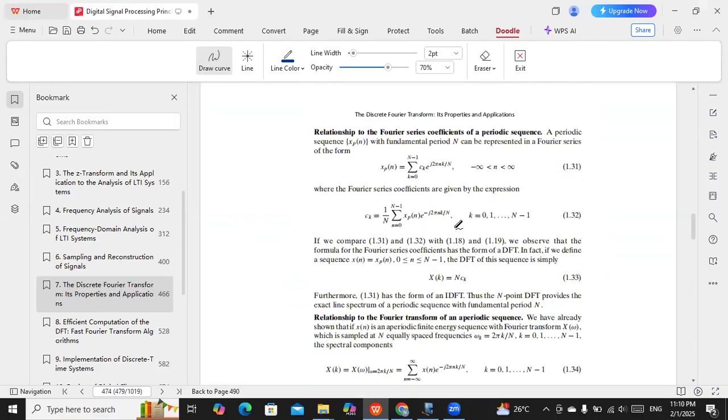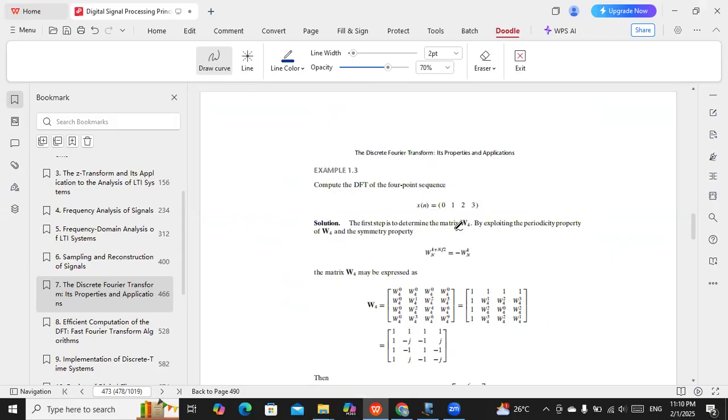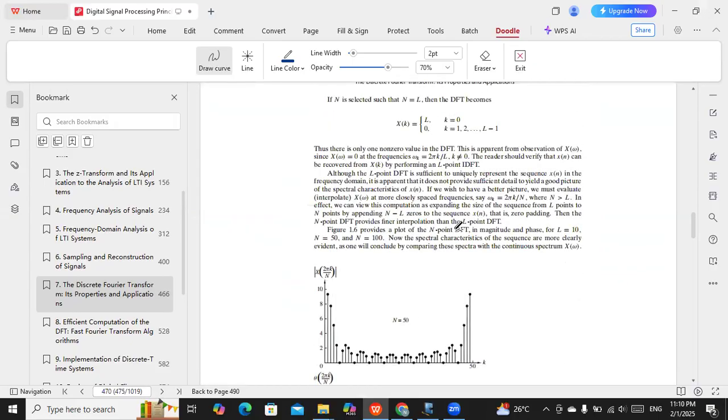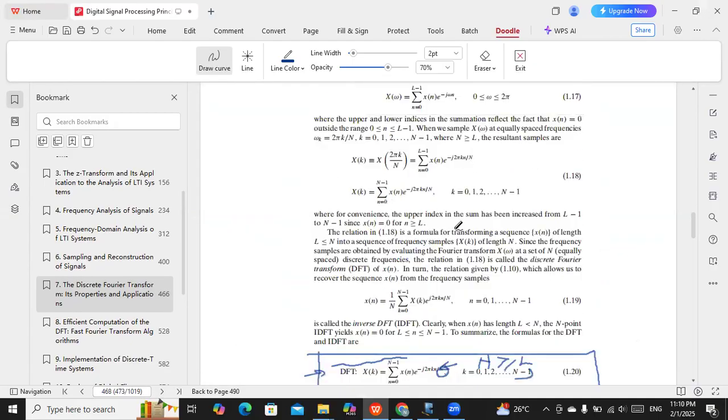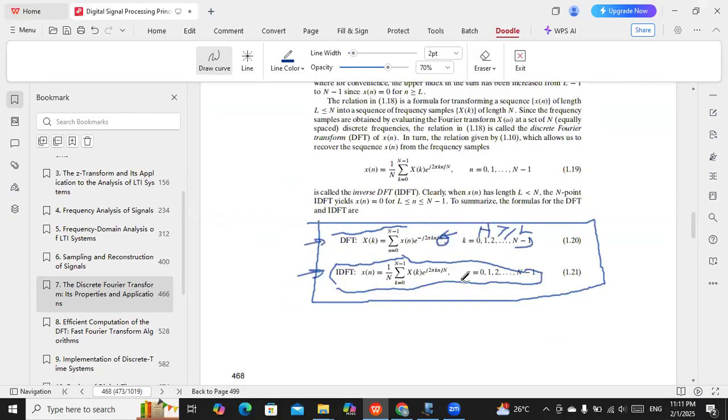So try to find the inverse discrete Fourier transform of that one using this identity. Again you need to find 8 time samples, so n from 0 to 7.